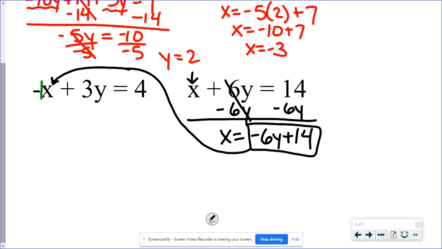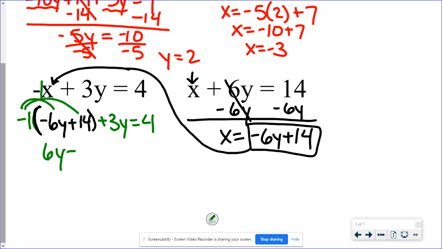It goes there. So I'll have that negative 1 outside of parentheses. I'm substituting here. So negative 6y plus 14 plus 3y equals 4.